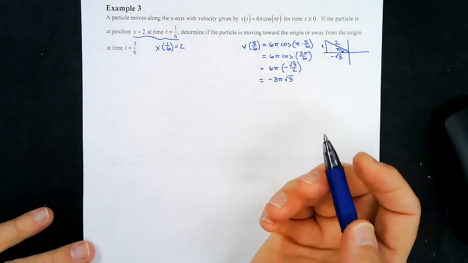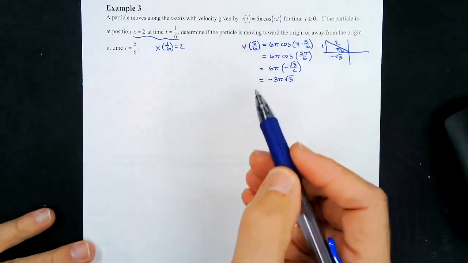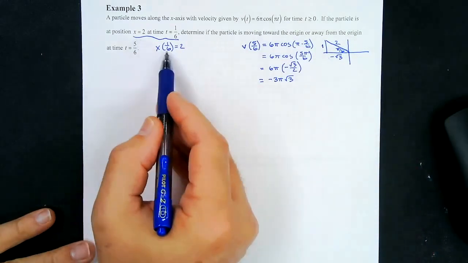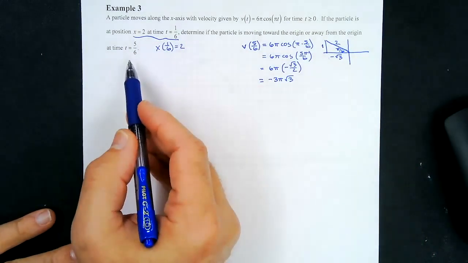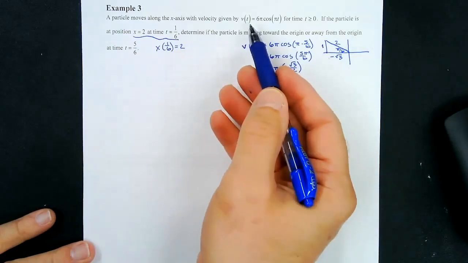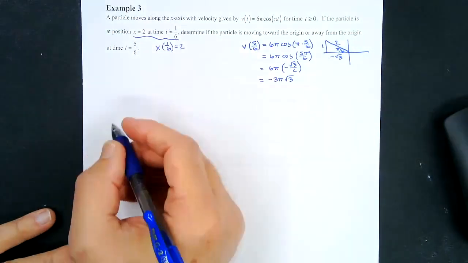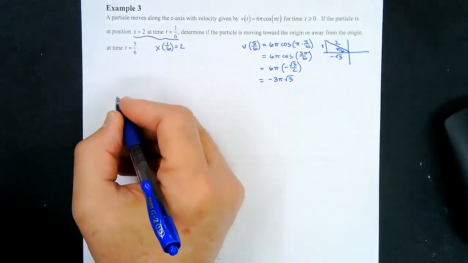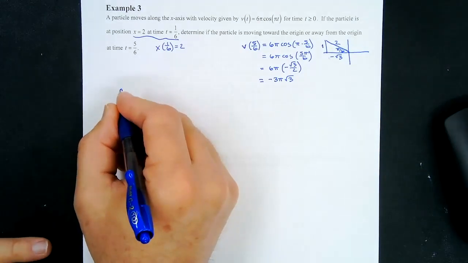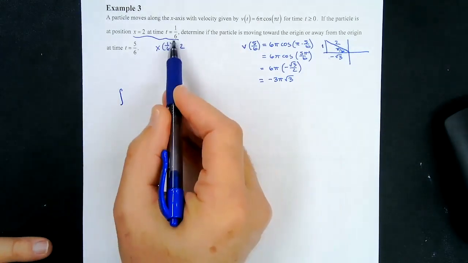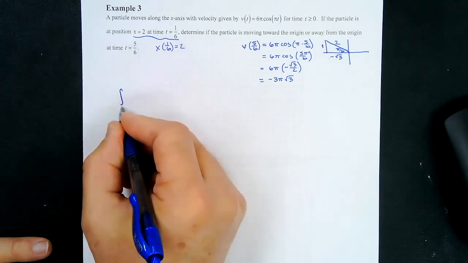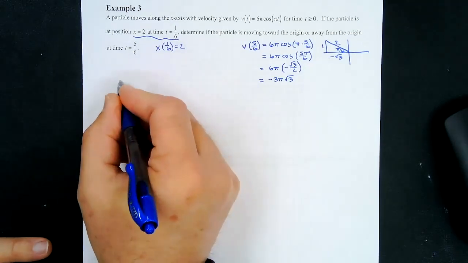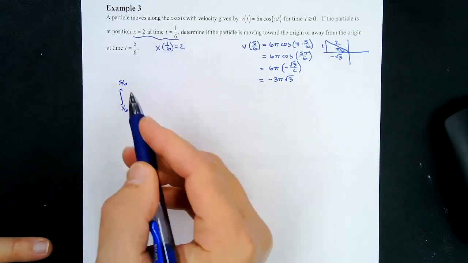So how can we do that? Because we have the velocity function and we have a given position, we can integrate the velocity function to get the remaining position, very much like what we just did. So we're going to integrate from 1/6 to 5/6. Why am I picking those?